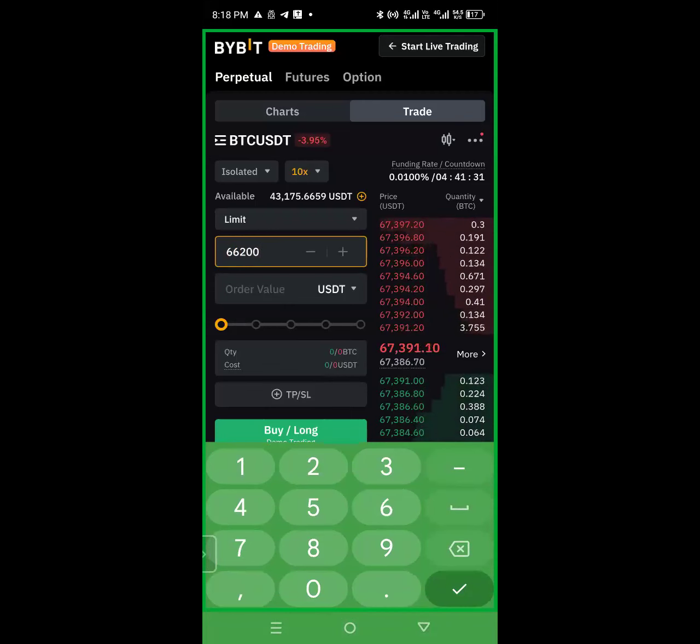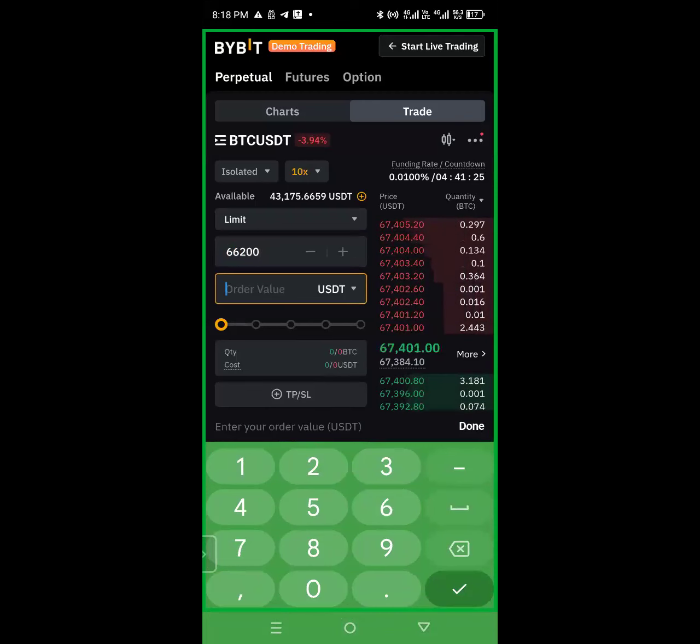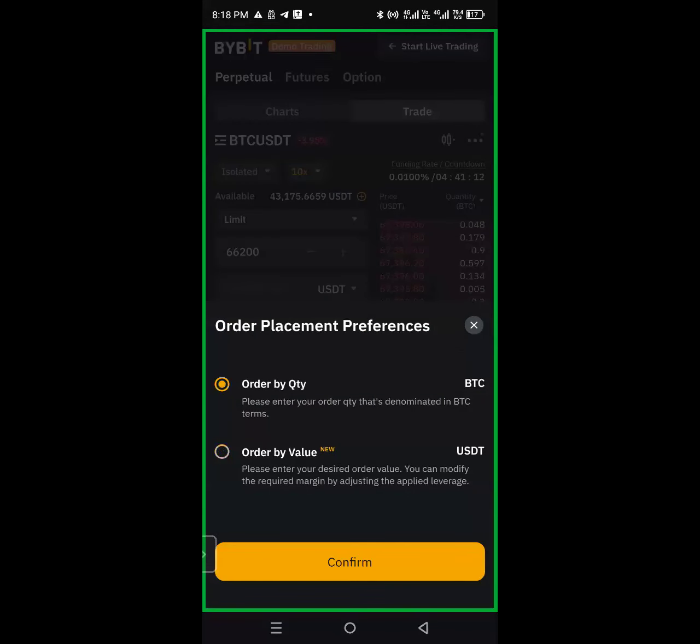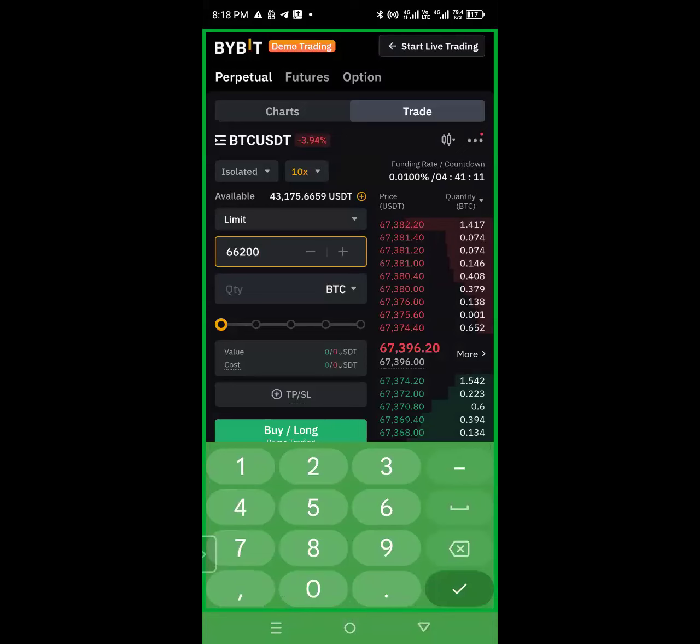After doing that, I forgot to mention something in the settings. The order value place here: if you registered newly, the default setting should be order by quantity. You don't want to use that.